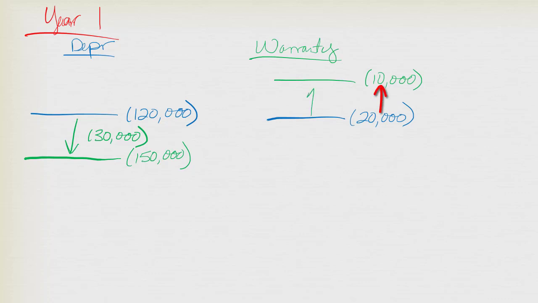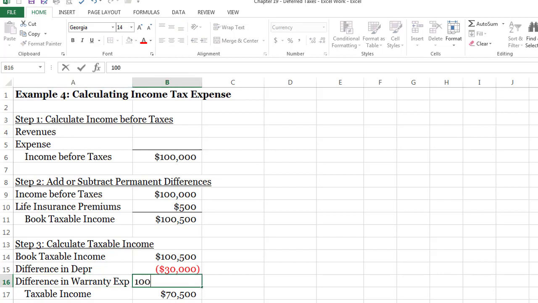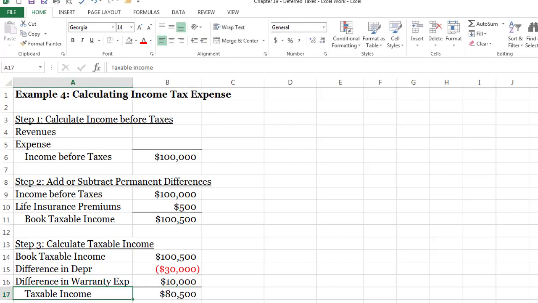So to go from GAAP to tax, I need a $10,000 increase this time because I didn't get as much of a discount under tax as I did under GAAP. So we'll put in, this is a difference in warranty expense, and it's a positive $10,000. So overall, taxable income is $80,500 as opposed to book taxable income, which is $100,500. And we'll just stop right there.